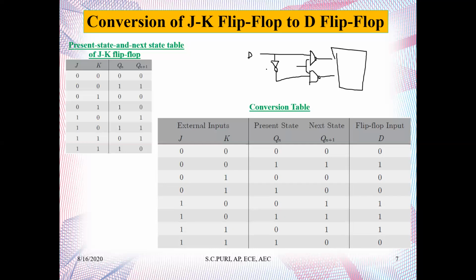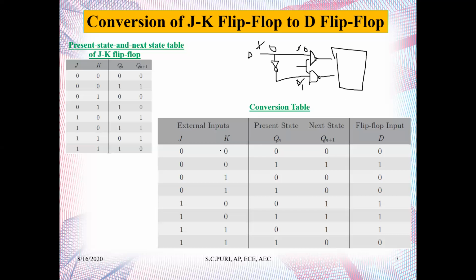But we are interested here. If we put 1 as input here, here will be 1 and here will be 0. Whereas if we put 0 as input here, here will be 0 and here will be 1. So when there is a 1 input, it will be 1 0, that means S1 R0. It is set. And when there is a 0 input, it will be 0 and 1. That is reset.